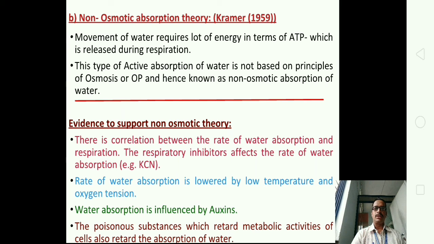Water absorption is influenced by auxins, which are growth regulators that induce water uptake. Also, poisonous substances which retard metabolic activities of cells also retard the absorption of water. So, these are some of the evidences given in support of this non-osmotic theory.